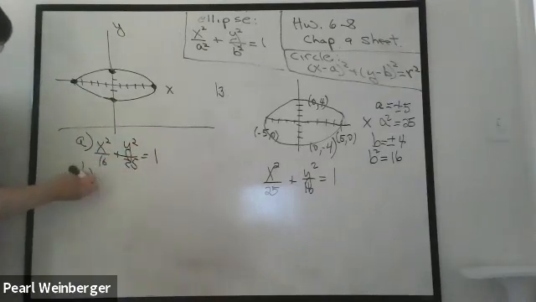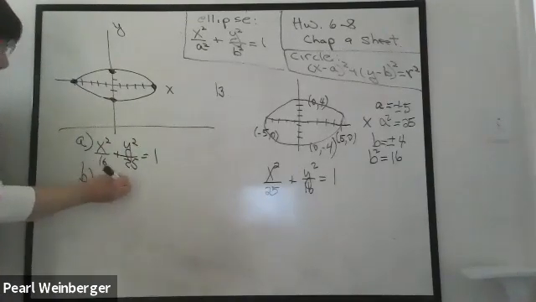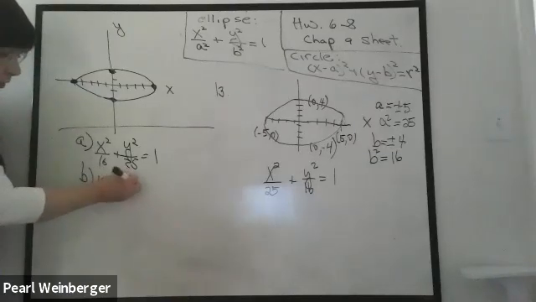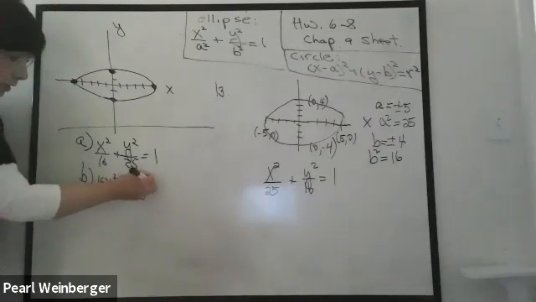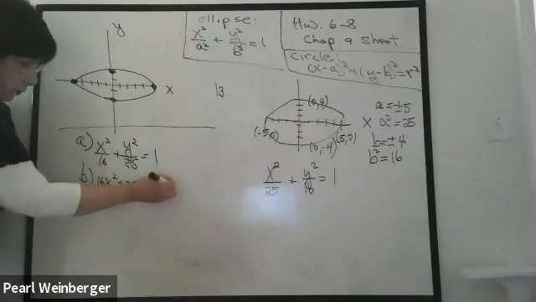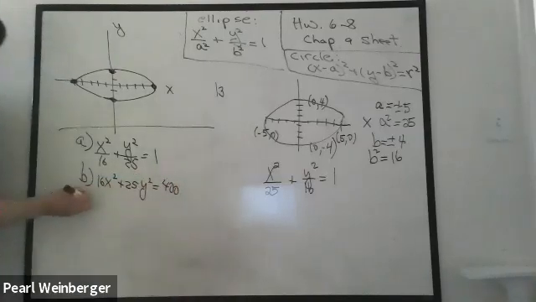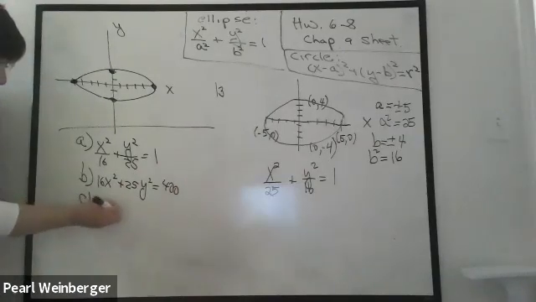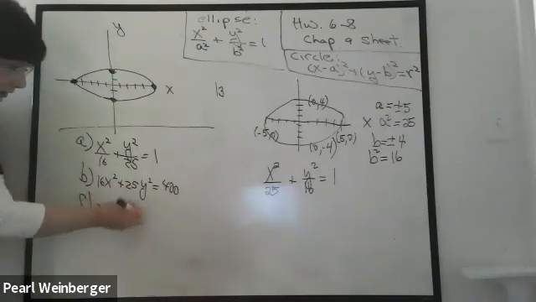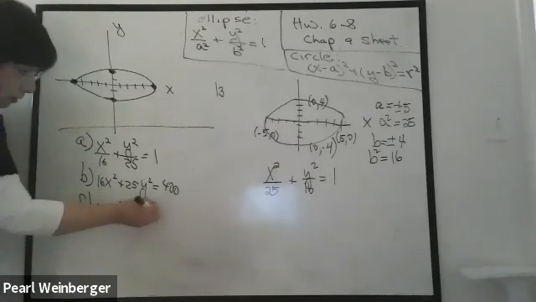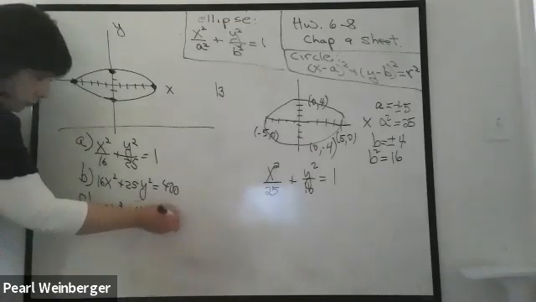One choice is 16x squared plus 25y squared equals 400. Another choice is 25x squared plus 16y squared equals 400.